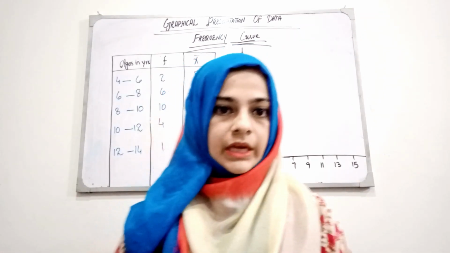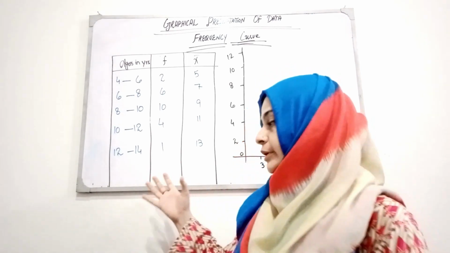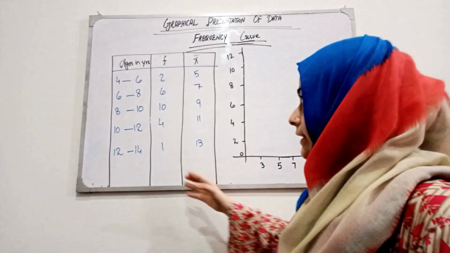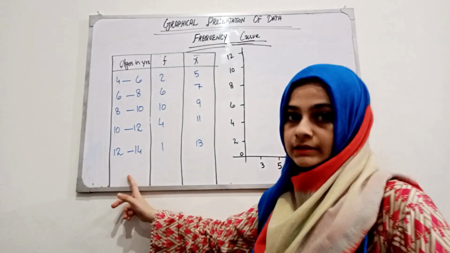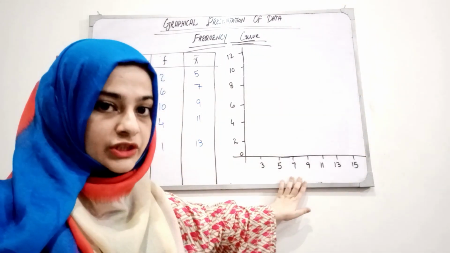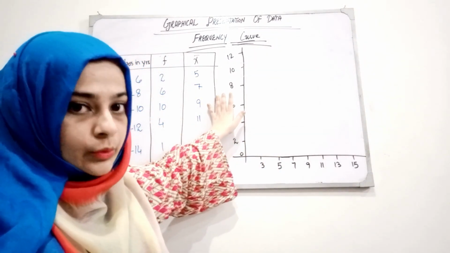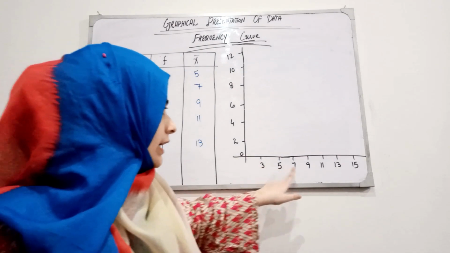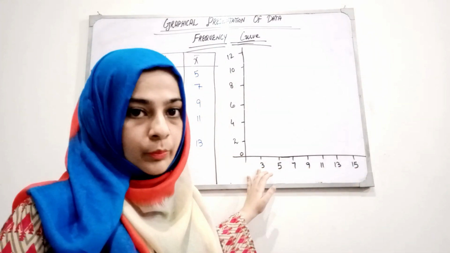So students, we have data here and we need to construct the frequency curve for this particular data. The data shows ages in years, frequency, and the midpoint of each class interval. On the x-axis I have ages in years, and on the y-axis I have the frequencies. Here I have created the classes with the help of the midpoints.